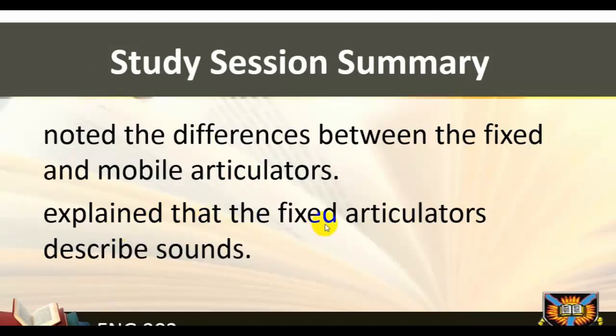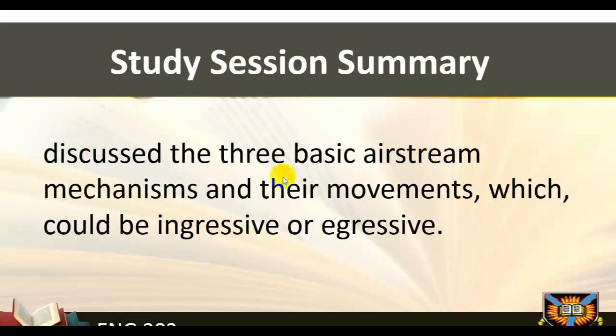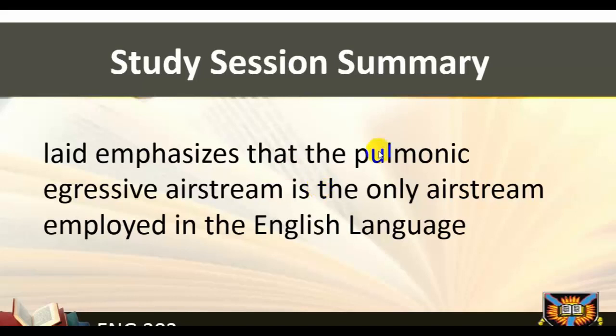We also explained that the fixed articulators describe sounds. We discussed the three basic airstream mechanisms and their movements, which could be ingressive or egressive. We finally laid emphasis that the pulmonic egressive airstream is the only airstream employed in the English language. End of study section 4.